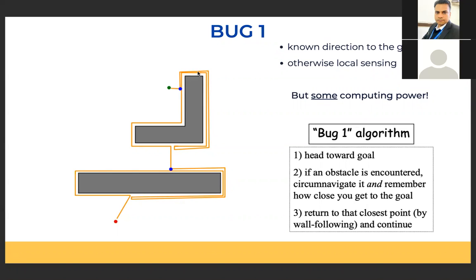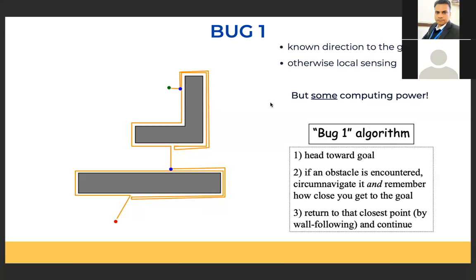Again, you cover the entire obstacle, you store everything. You know that this point is the shortest distance to the goal point. Then you again go back here, and then you go to the goal. This is what the bug one algorithm does. It basically wants you to circle the entire obstacle, store each and every data point, and then from the shortest distance that you have, you go towards the goal.